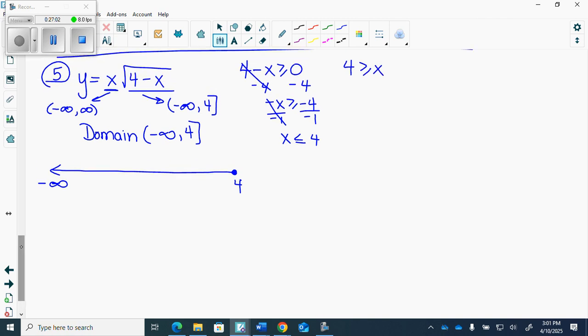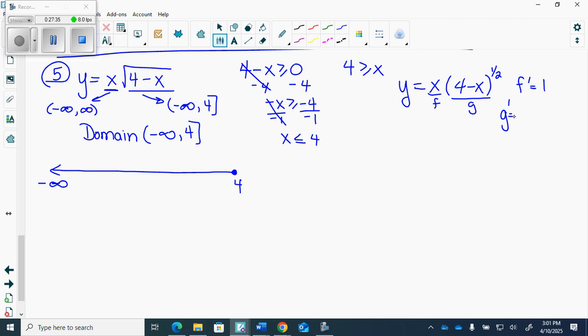So we have y equals x times 4 minus x to the half. So this is f, this is g. F prime is 1. G prime is a chain rule. Remembering that whenever we use a chain rule in our product rule, we are going to be able to GCF. That's the point. Remember? When we have a chain rule in our product rule, we'll be able to GCF that out. And the reason why we need to be good at that is that gets us our critical numbers. Okay.